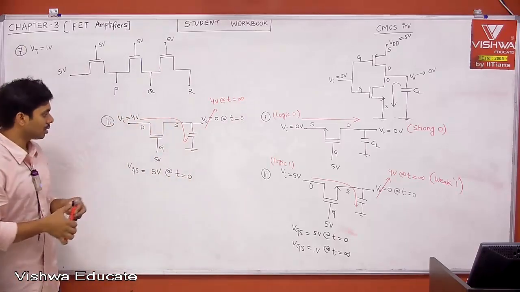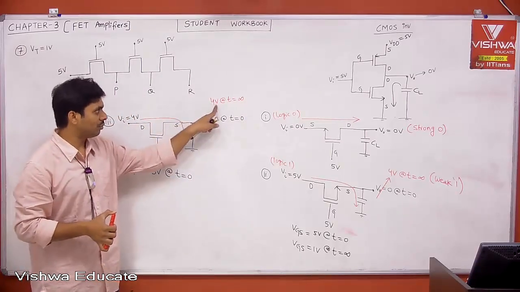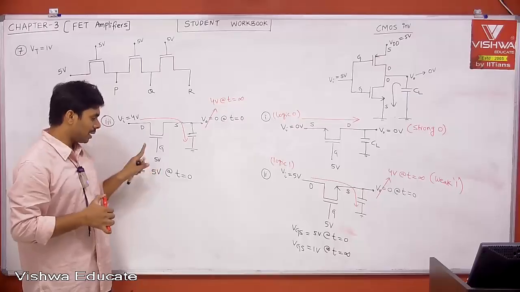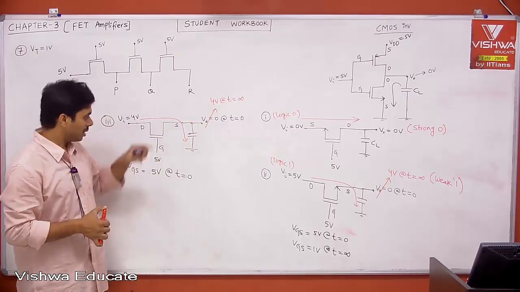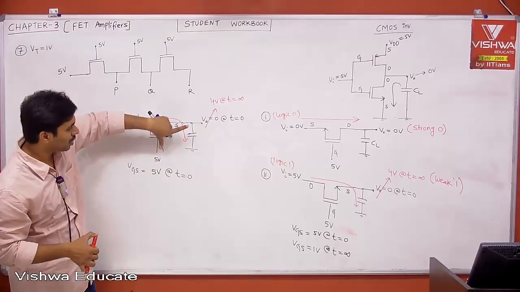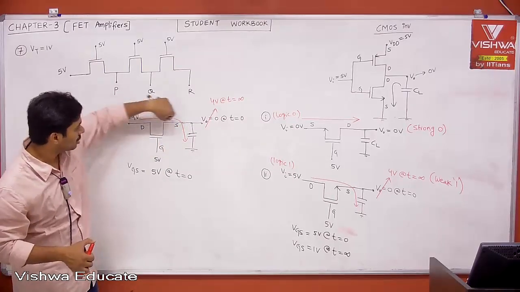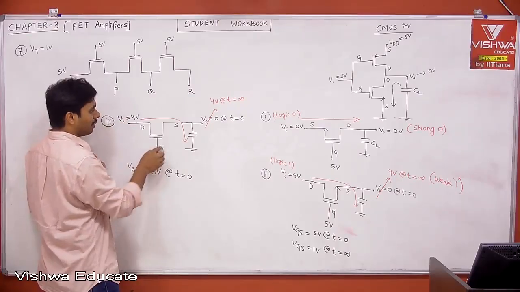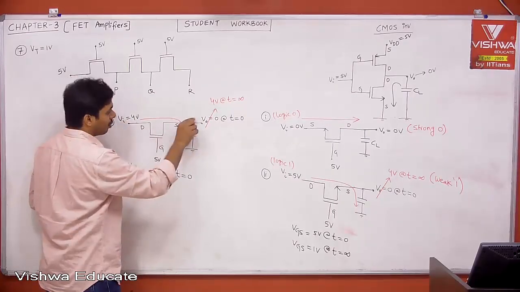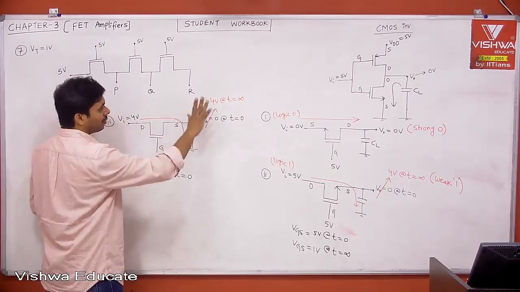Why? Because the gate to source voltage can go to 4 because this is 5. Let us say the gate voltage is 4, then it will go to 3 only, because we need a minimum gate to source voltage to conduct, then only it will come here. Therefore, when this is 5 but input is 4, when it is 4 it can pass 4 because VGS will be 1 volt, therefore it is conducting.